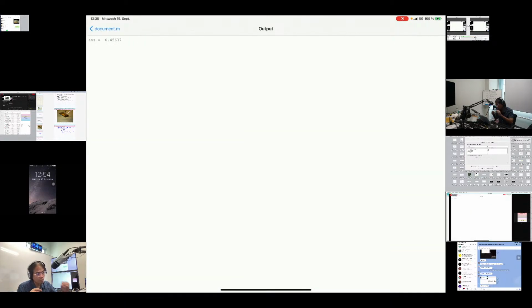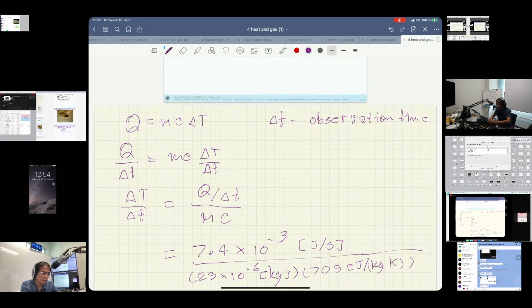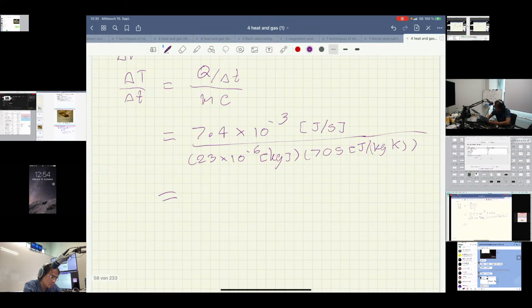It is 0.45637, and the rate of change has units of Kelvin per second, right?